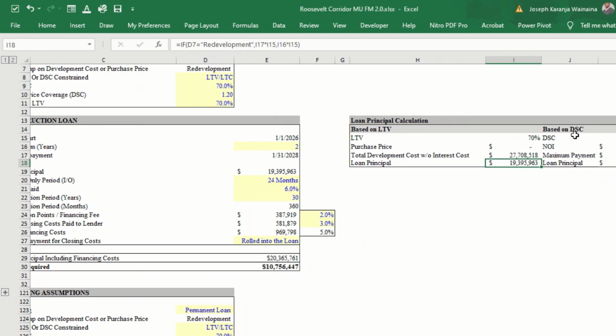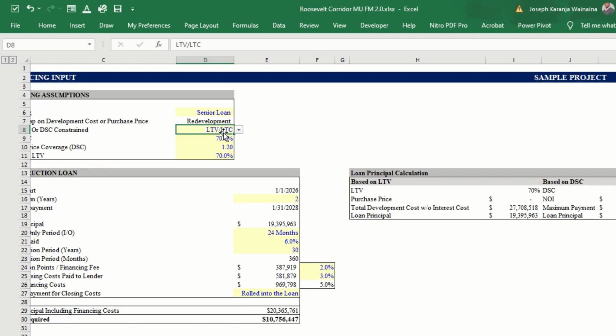If it's based on debt service coverage ratio, then we'll have to come here and select. Then you have to ensure that the NOI is there, so that you can calculate properly and get the maximum loan amount, because this one is not fed into the analysis. So you do have a loan there.